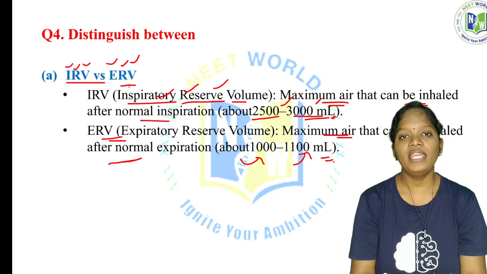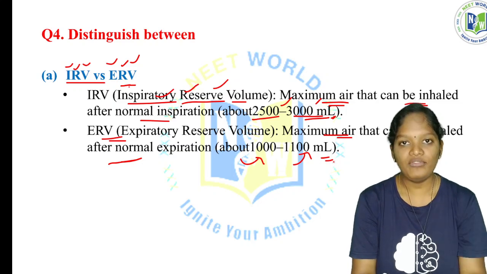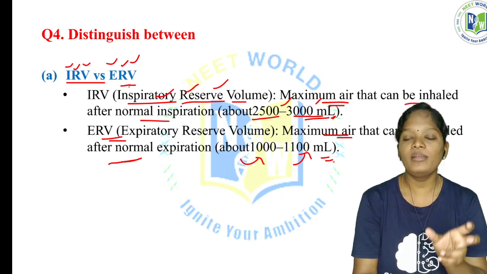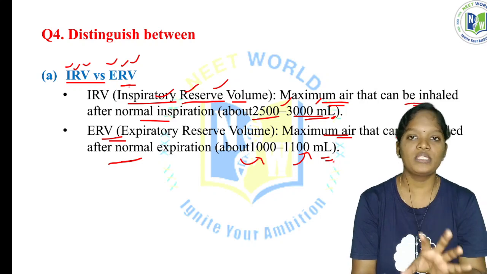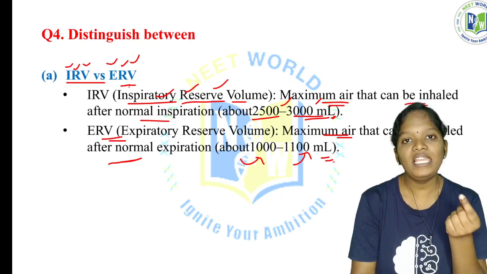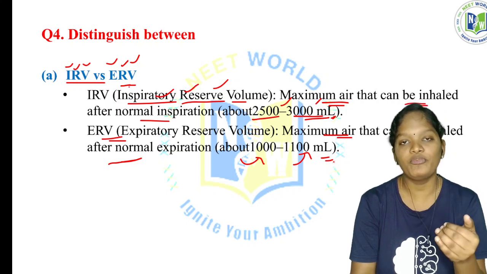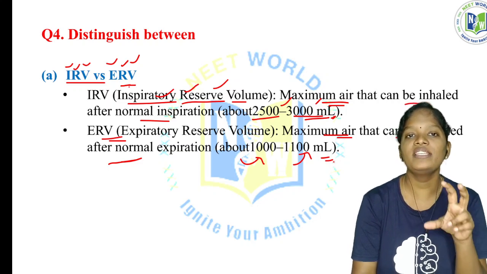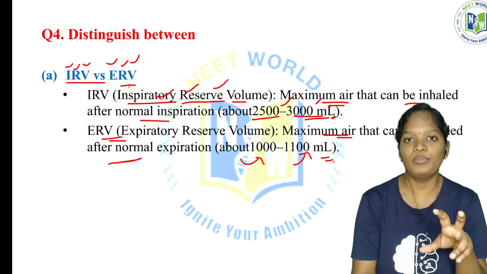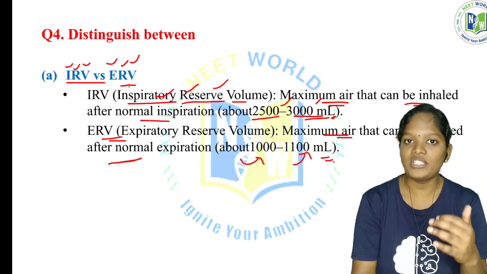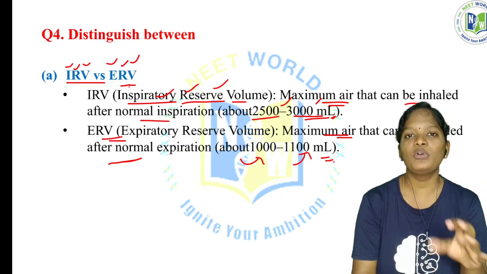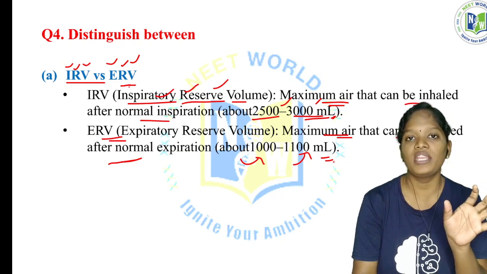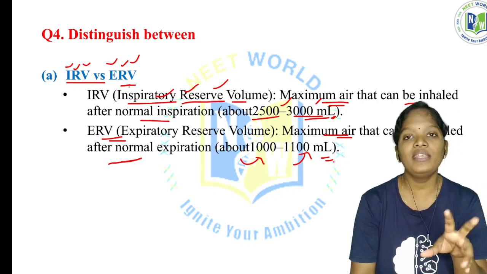If we are inhaling normally and exhaling, that is the normal inspiration and normal expiration. If we inhale forcefully after normal inspiration, that forceful inspiration is called the inspiratory reserve volume. After normal expiration, if we exhale the maximum amount of air, that is forcible expiration, called the expiratory reserve volume.